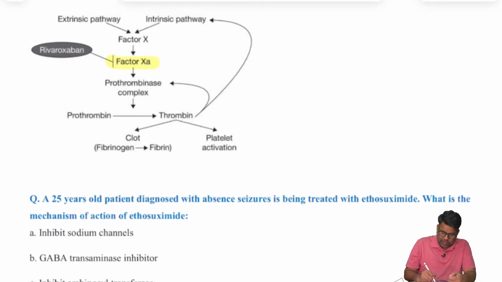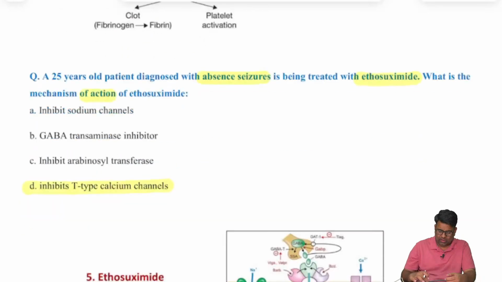Then there was a patient of absence seizure who is on ethosuximide. So what is the mechanism of action of ethosuximide? Now this ethosuximide actually acts on the calcium channels. So it actually inhibits the T type of calcium channels.